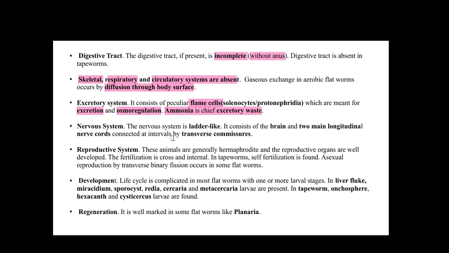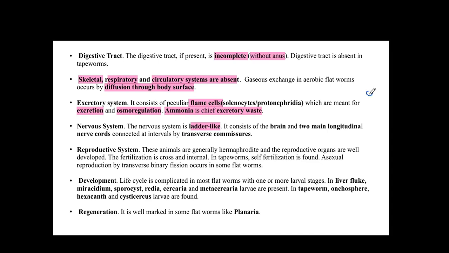Nervous system. Now this is very important. They have a ladder-like nervous system. Why is it called a ladder-like nervous system? Because if we draw a rough diagram of their nervous system, we can conclude why.